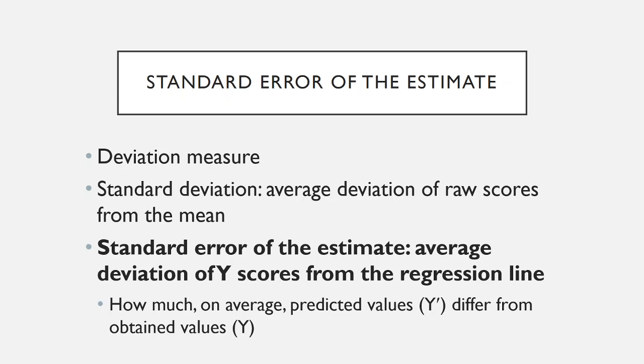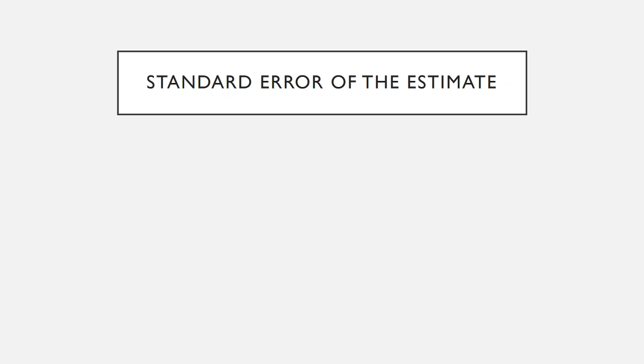Again, recall, only a perfect Pearson's r has data points that all fall along the best fit line. If you have anything imperfect or at all less of a magnitude than a -1 or a +1, you are necessarily going to have some distance between your data points and that regression line. Again, that's okay. It's just that in computing the standard error of the estimate, we're going to quantify just how much error there is.